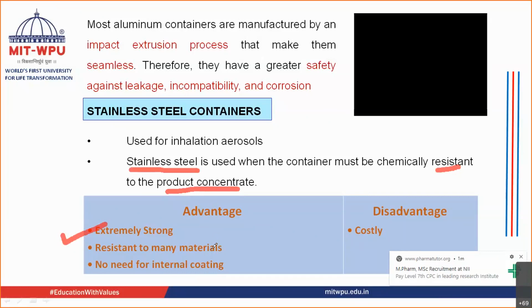Secondly, it is resistant to many materials, and there is no need of internal coating for this container, because they are resistant. But the major disadvantage of these containers is that they are costlier in nature. Except for cost, they have all the advantages.